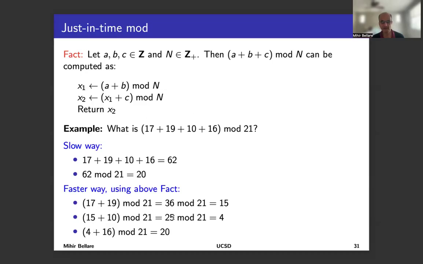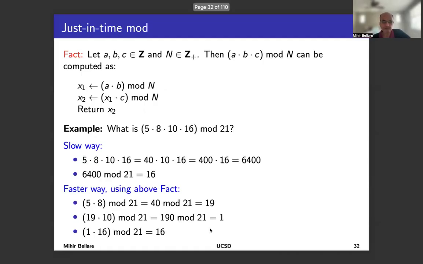That gives me 25. And again, I immediately do the mod 21 to get a 4. Take the 4 on, now add that to the 16, and that's 20 mod 21, which is 20. So abstractly like this, concretely like this, and you see it does help to go faster.